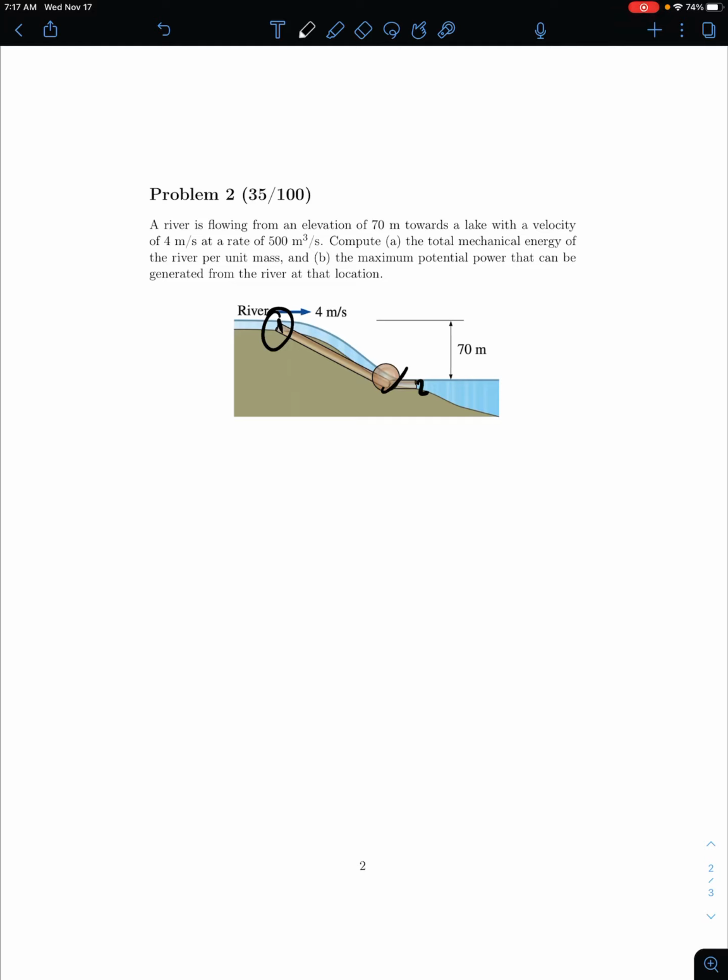So we can express this in work terms. So not just Z in meters, but we're going to use g times Z and V squared over 2.